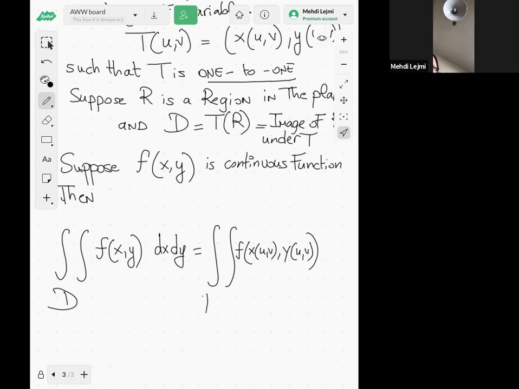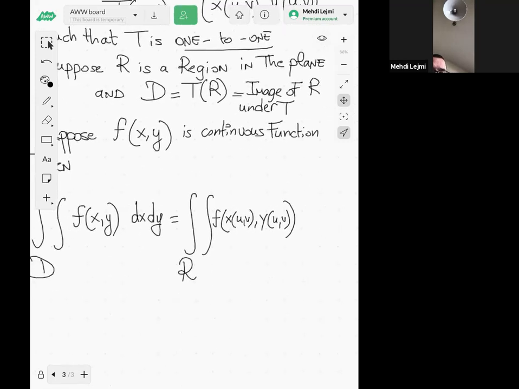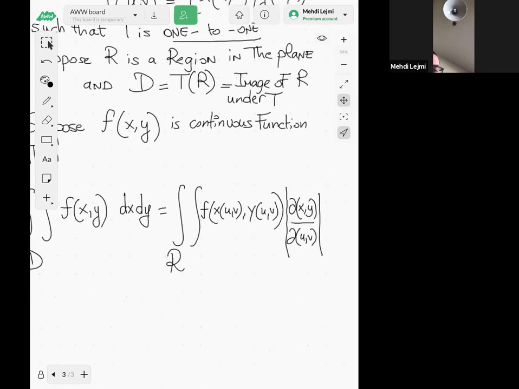And then you have the Jacobian. When you do the change of variables, you're going to need the absolute value of the Jacobian, partial (x,y) over partial (u,v), and then du dv.